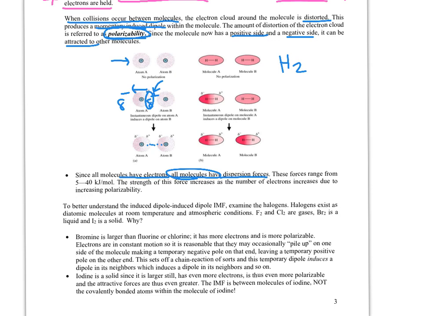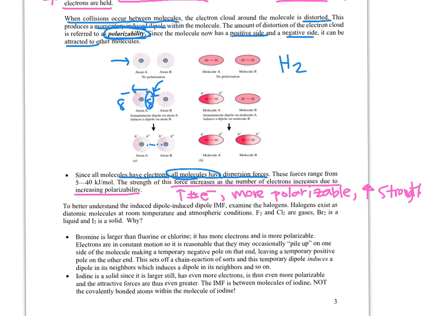Make sure you know the force increases as the number of electrons increases due to increasing polarizability. If you increase the number of electrons in the electron cloud, it will become more polarizable, meaning it's more likely for those electrons to shift to one side, and that's going to be an increased strength of the dipole. So more electrons tend to have more polarizability and tend to be stronger.